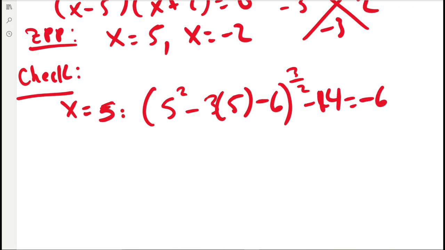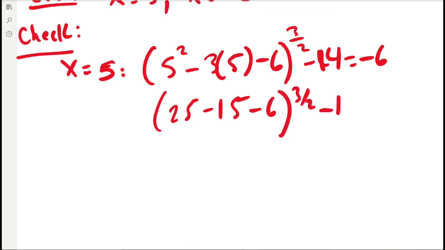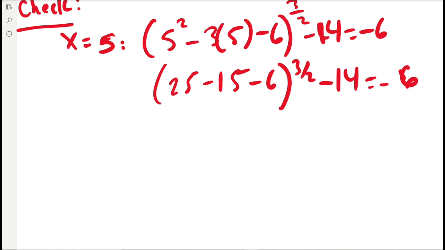Okay, so 5 squared is 25. So we get 25 minus 15 minus 6 to the 3 halves minus 14 equals negative 6. 25 minus 15 is 10. 10 minus 6 is 4.